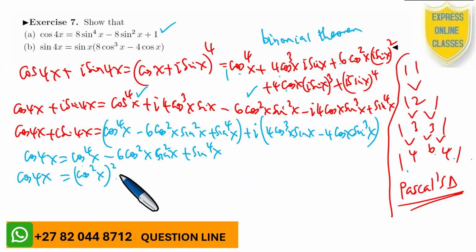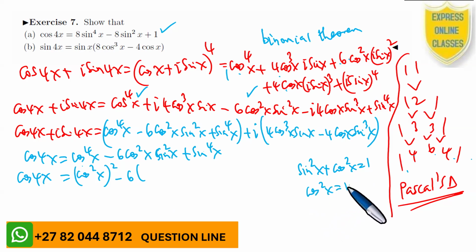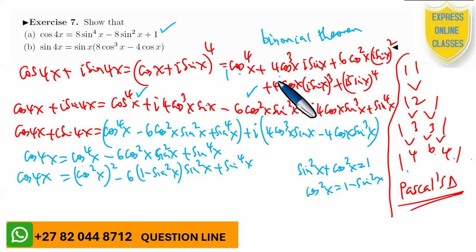And then you square this, which is sine squared x plus cosine squared x, which means cosine squared x is 1 minus sine squared x. Then squaring gives 1 minus 2 sine squared x plus sine to the power 4 of x.